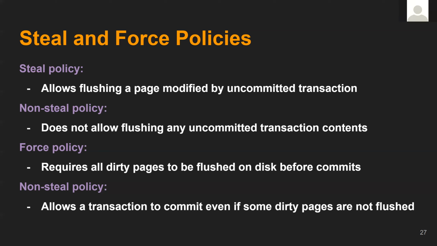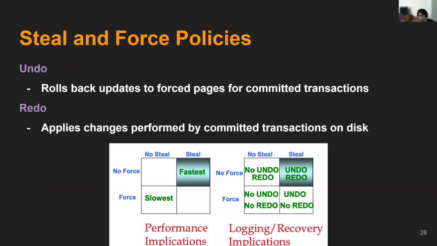But how are you going to roll back, because you already have flushes? Yeah, that's what this picture shows, right? If you have a steal policy, you must have an undo log for it to roll back. Oh, okay, got it. Thank you. And if you have a no-force policy, you must have a redo log for it to be durable.